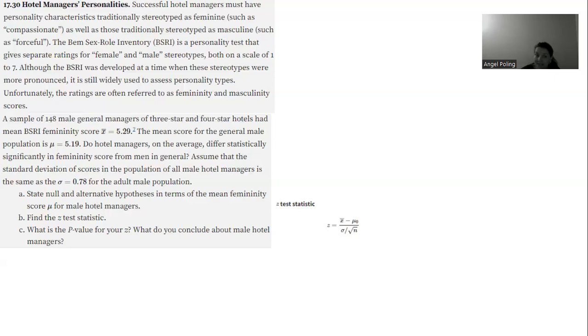We're going to state the null and alternative hypothesis for the parameter mu. We need our mu naught for sure. So mu naught is the population mean.